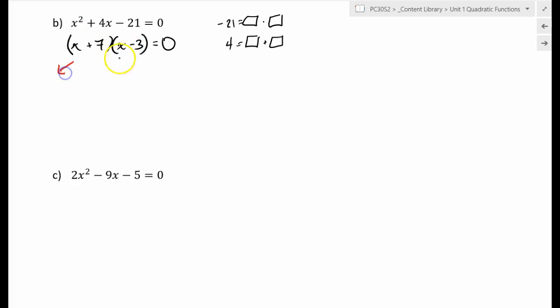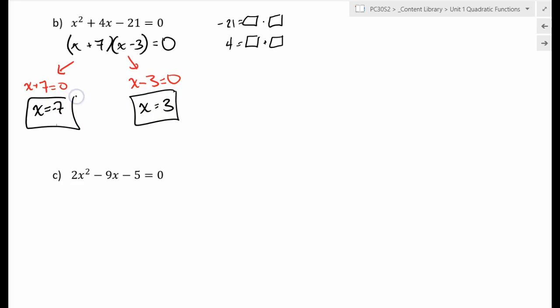That means that either x plus 7 equals 0, or x minus 3 equals 0. From there you can isolate x now that I've only got one x in the equation. So x equals negative 7 or x equals positive 3. And both of those are my answers.